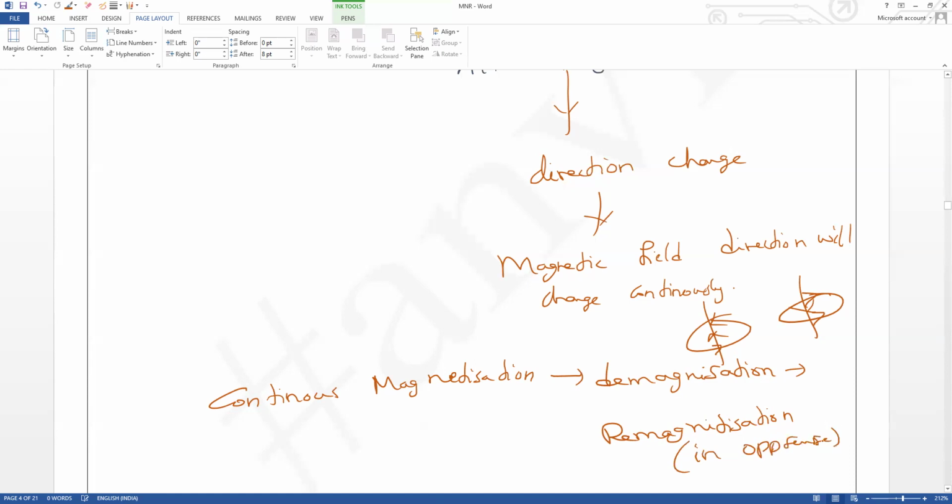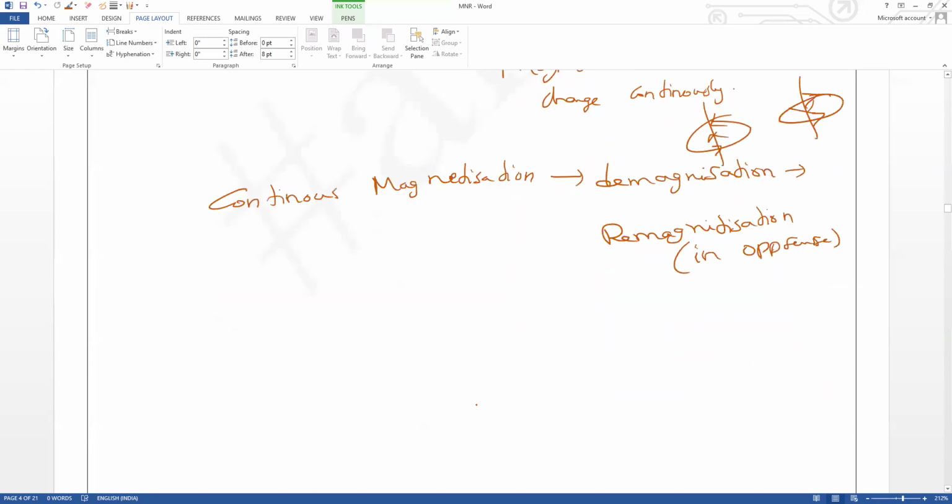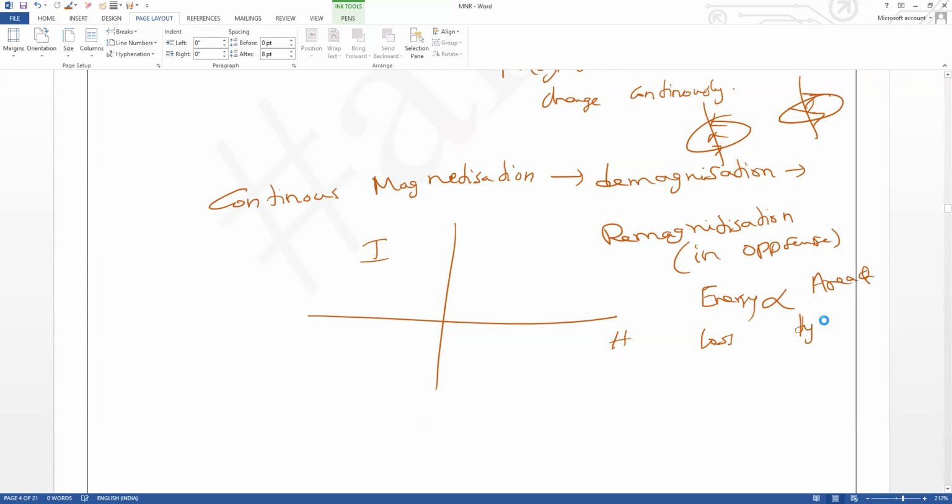So the energy loss is always directly proportional to the area of the hysteresis loop. When the loop size increases, the loss of energy is also more.